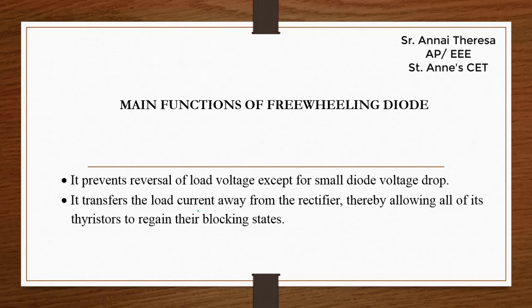Then it transfers the load current away from the rectifier, thereby allowing all of its thyristors to regain their blocking states. These are the main functions of the freewheeling diode.